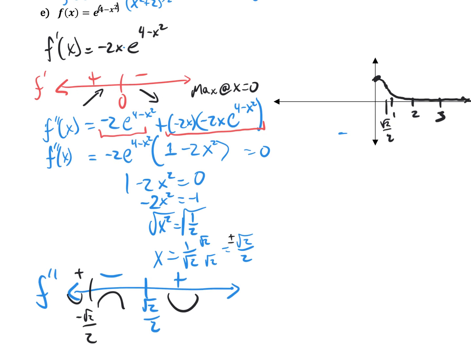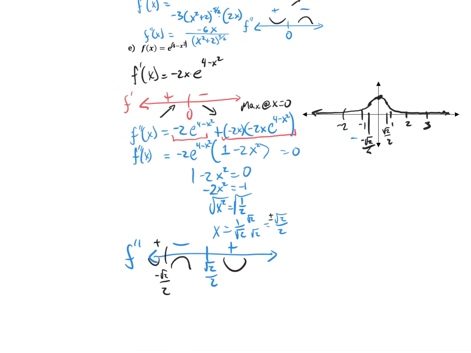And that's got to happen there because coming to the left, it's got to be increasing. It's going to be a mirror image. It's going to be increasing, and then somewhere over here at negative square root of 2 over 2, there's got to be another inflection point. So it's got to be concave down and then concave up. And there it is. And that's the graph.